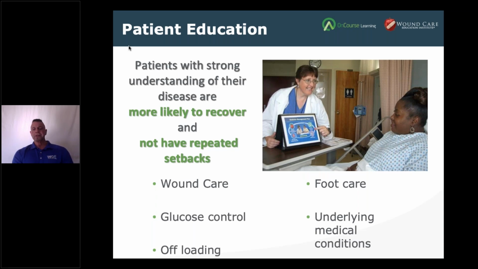For prevention, make sure they're getting their feet assessed once or twice a year at a minimum, and daily checks by somebody, a loved one or themselves, checking their feet. Proper foot care is essential for prevention, and of course, managing those underlying medical conditions with good health care.